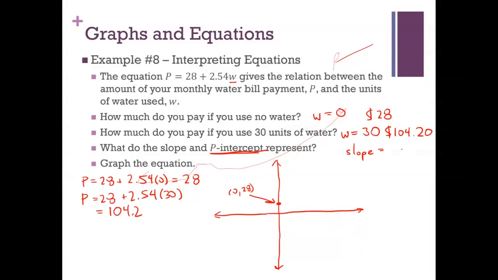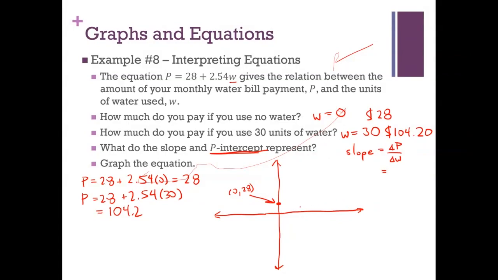What is the slope here? First, what's the value of the slope? Well, in this case, it'll be delta P over delta W. But from the equation, we can actually write down that number.